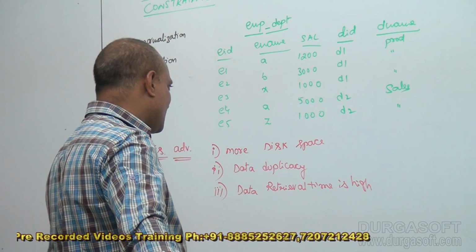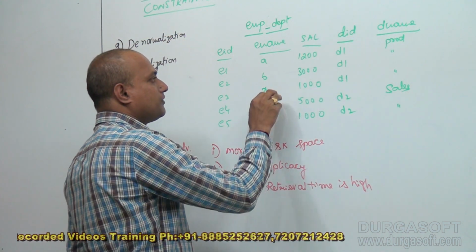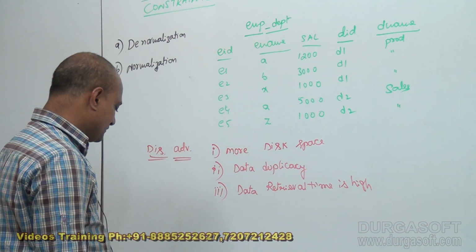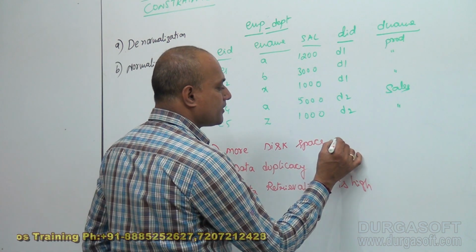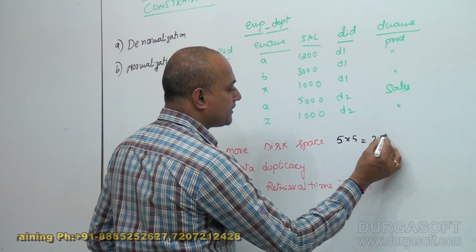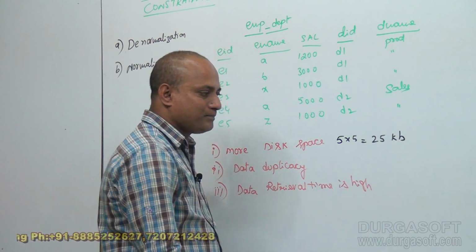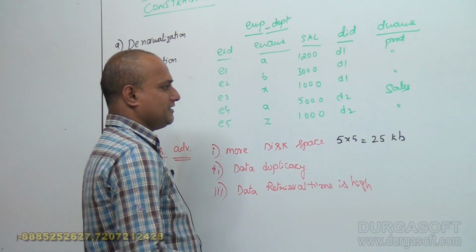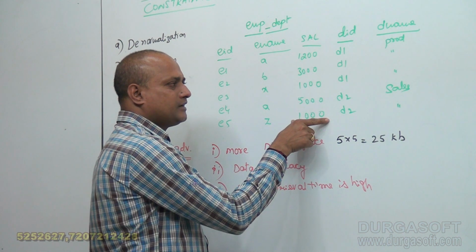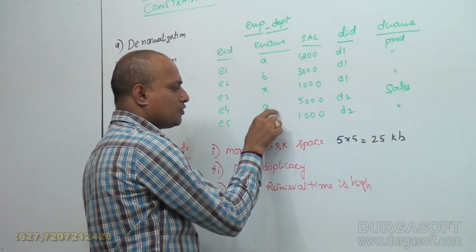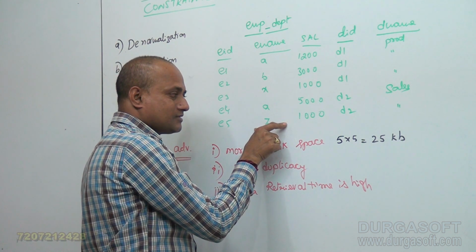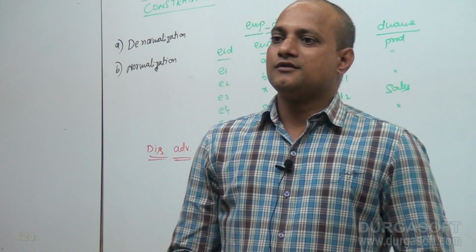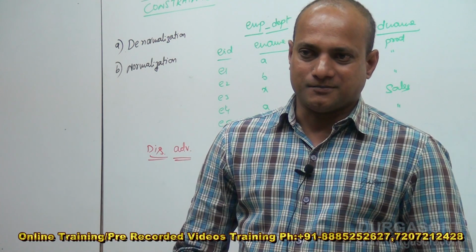Why is it so? This is a table having 5 columns and 5 records, so 25 values. Let us assume 25 KB of disk space it is occupying. And data duplicacy: as per my simple example, there are only 2 departments and 5 employees. Suppose in a real company there are 10,000 employees, and 6,000 work under production.